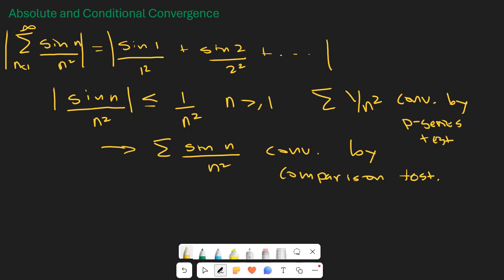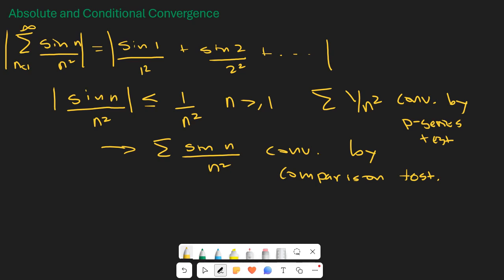Now, if you wanted to, we could perhaps look at the limit comparison test, but you would probably find that the limit comparison test is not necessarily going to be conclusive. So we would need to use a comparison test.